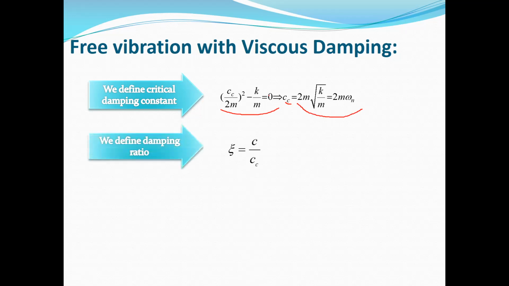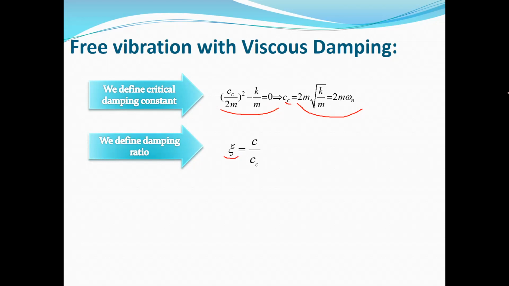So by using this critical damping, we define a new parameter, which is called the damping ratio. You will see that the most important parameters in a single degree of freedom viscous damped system are this damping ratio and the natural frequency. When you have these two parameters, you can obtain other behavior and other characteristics of your system.